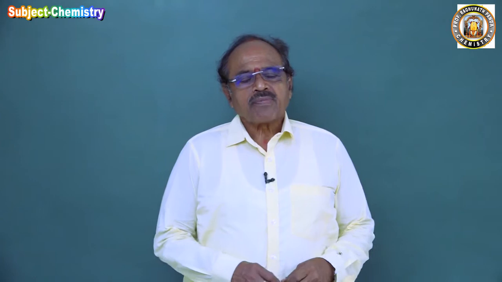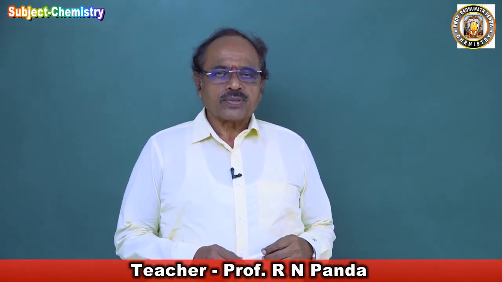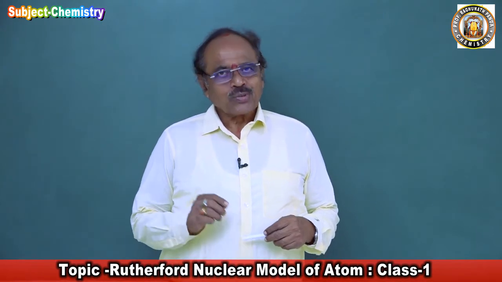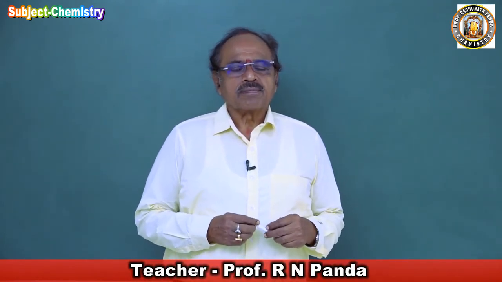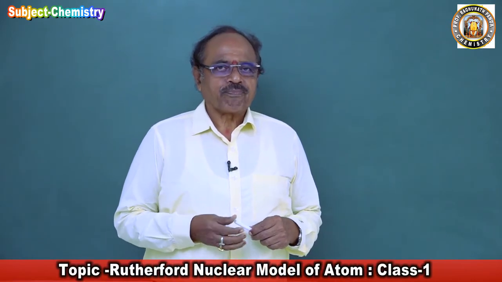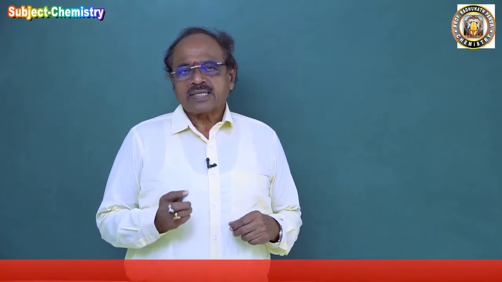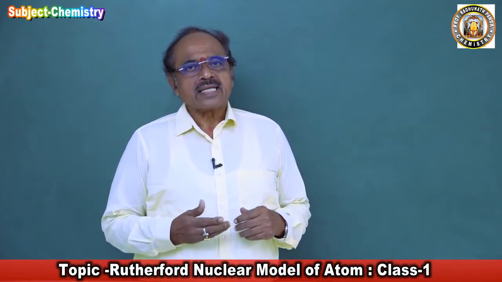Dear students, after the discovery of the two fundamental particles, electron and proton, it was felt necessary to establish the position of these two subatomic particles inside the atom, because the atom is electrically neutral and is the smallest particle of the element, and these electron and proton are present inside the atom.